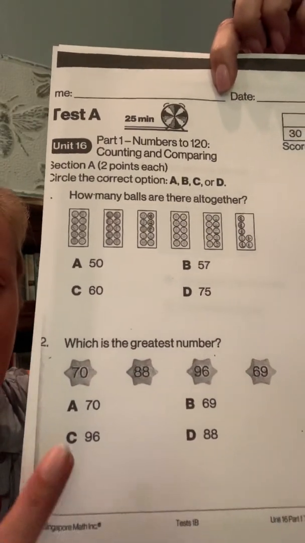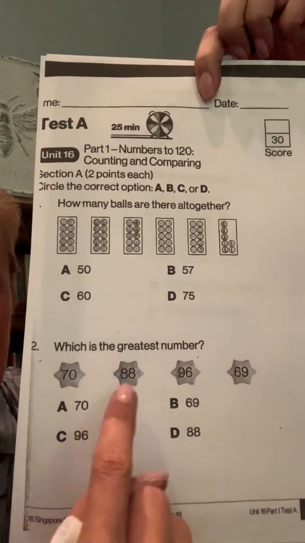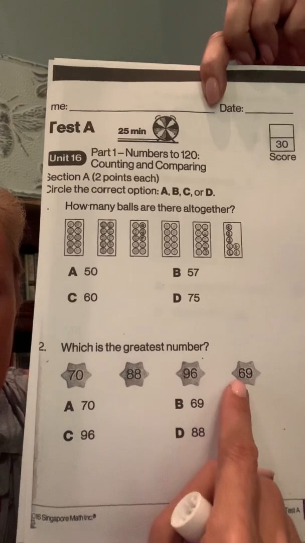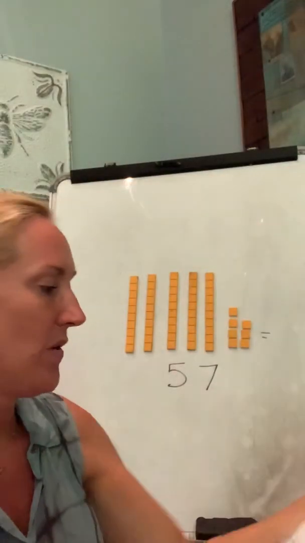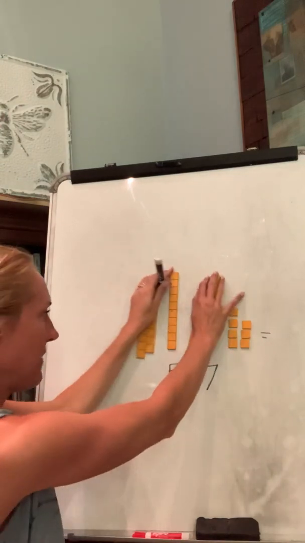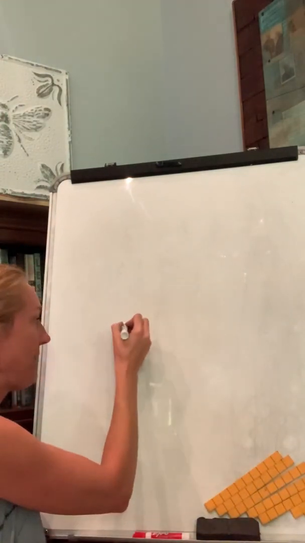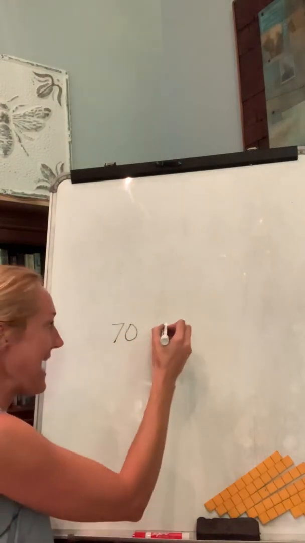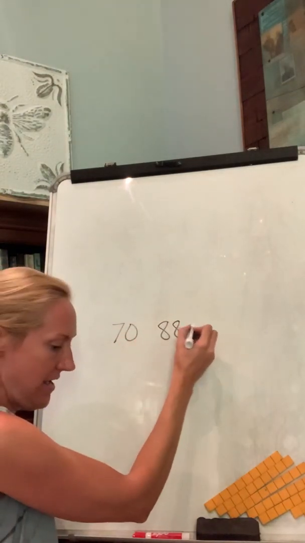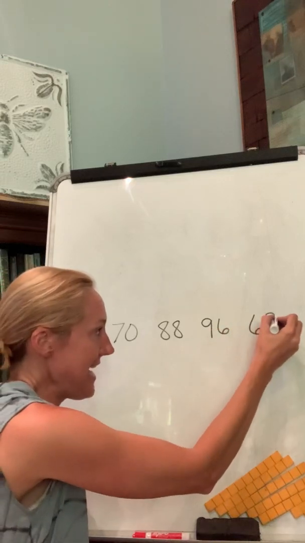Okay. Then it has a group of numbers in these little stars, 70, 88, 96, and 69. And it says, which is the greatest number? So I'm going to move this out of the way. So we have these numbers, 70, 88, 96, and 69.